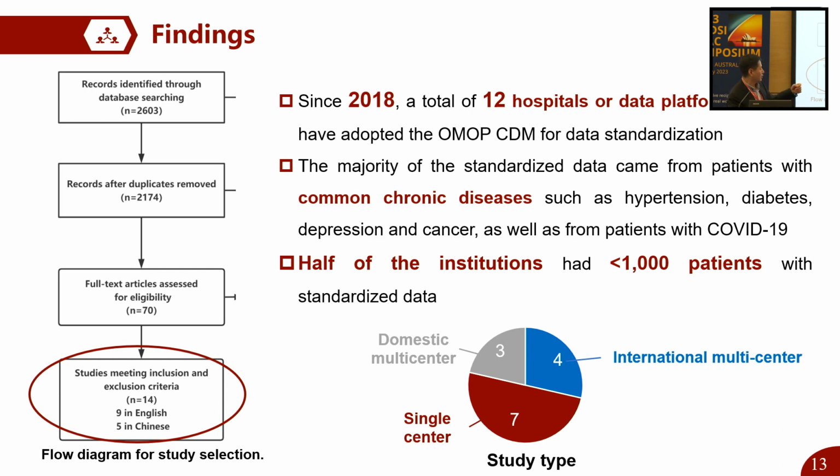Some of the studies have international multi-centers, 4 of them; 3 of them are domestic multi-center, and 7 of them are just a single hospital. They also looked at how many patients and records were involved. Actually, it's not that many.